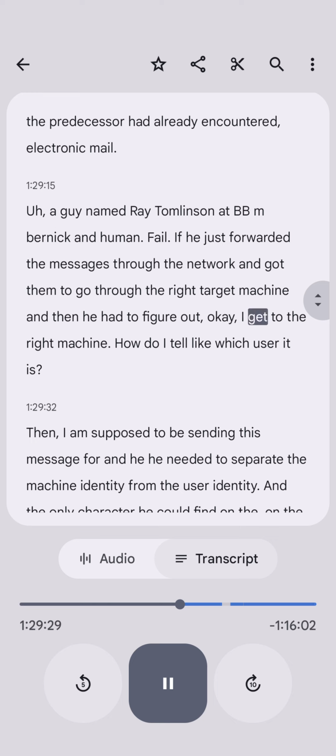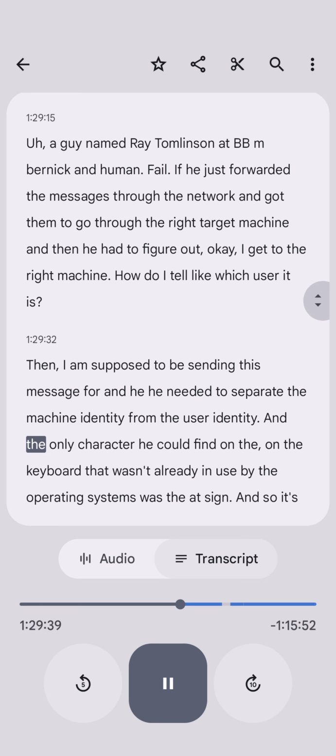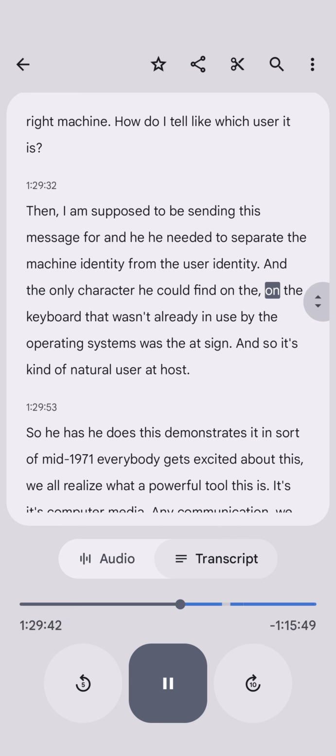And then he had to figure out, okay, I get to the right machine, how do I tell it which user it is that I am supposed to be sending this message for? And he needed to separate the machine identity from the user identity, and the only character he could find on the keyboard that wasn't already in use by the operating systems was the @ sign. And so it's kind of natural, user @ host. So that's the origin of the @ sign in our email.